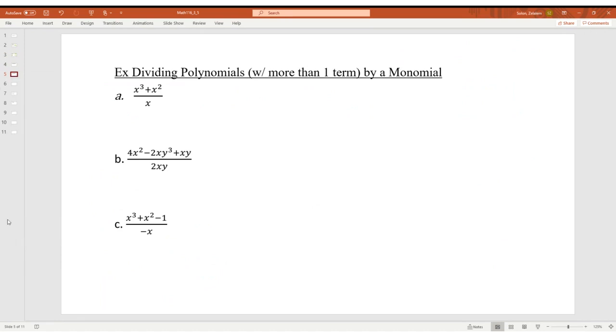Now if you see A, the denominator is a common denominator for both expressions. So when you have a polynomial divided by a monomial, what you have to do is each term, in this case, if you see here, x cubed will be divided by x, and x squared will be divided by x.